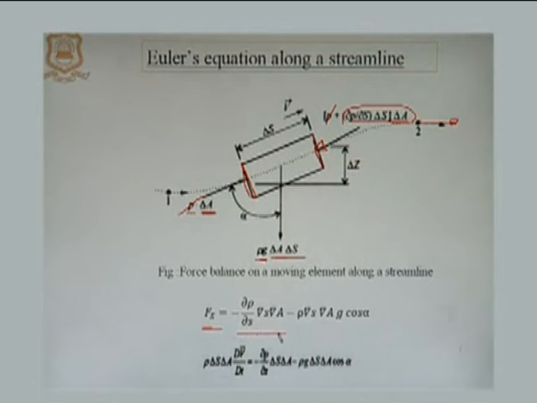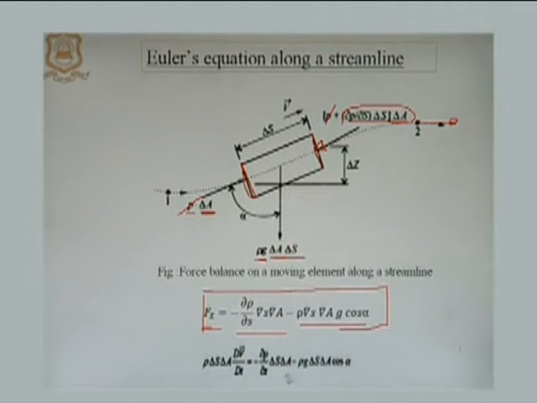So this is minus, and the weight component will also act in this direction, that is also minus S direction. That's why it is taken as minus rho g del A del S into cos of alpha, because it will have one component in this direction which will be equal to cos of alpha. So this is the net force acting on this fluid element in S direction.